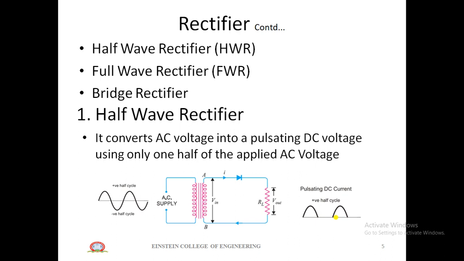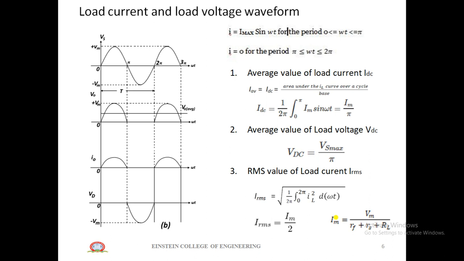Now we are going to see the load current and load voltage waveform. So this is the supply voltage. It is one full cycle. The time period is 0 to 2 pi. During the first half cycle, the diode will conduct, and in the next half cycle, the diode will be in off condition.